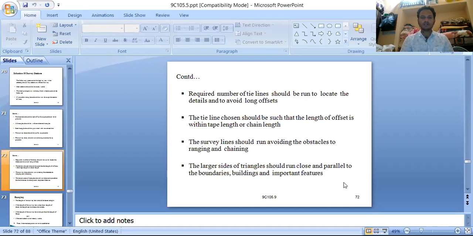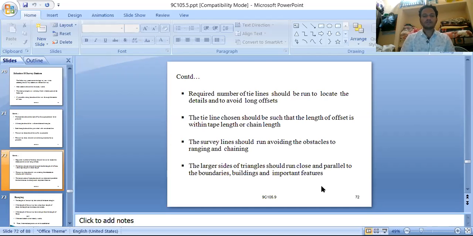Required number of tie lines should be run to locate details and to avoid long offsets. The tie line chosen should be such that the length of the offset is within the tape length or chain length. The survey line should run avoiding obstacles to ranging and chaining, because if the survey line comes across an obstacle, it may cause difficulty in measuring the linear length.